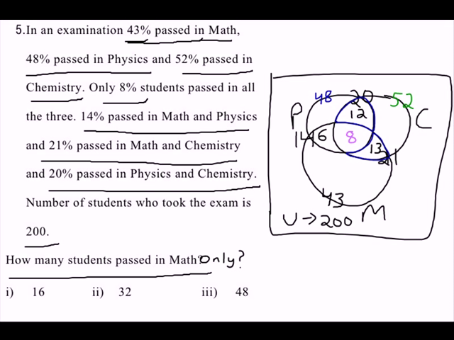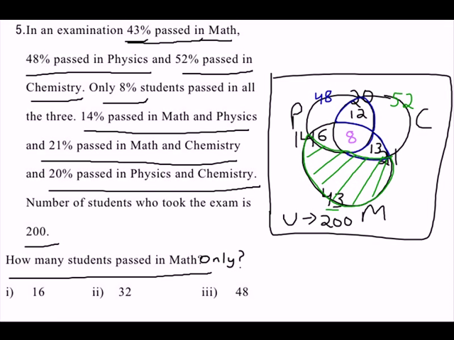So if you look at maths only here, how many students passed in math only would be given by this part of the figure. So essentially the information we have now is that 43 students passed in math, but some of those also passed in physics and chemistry, or both.